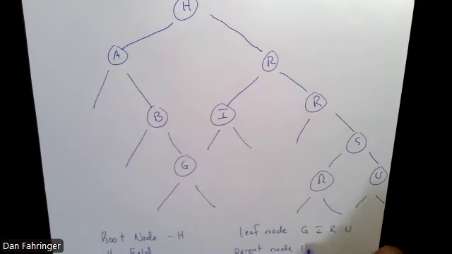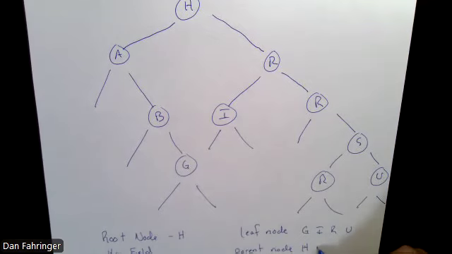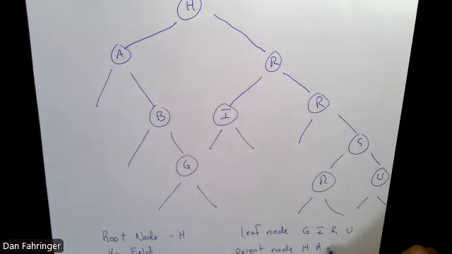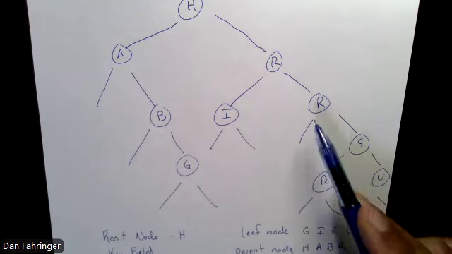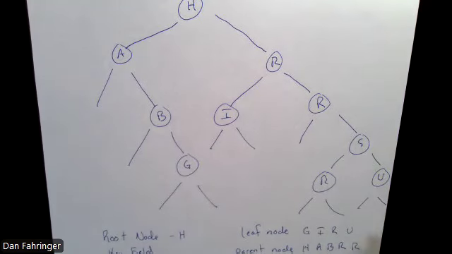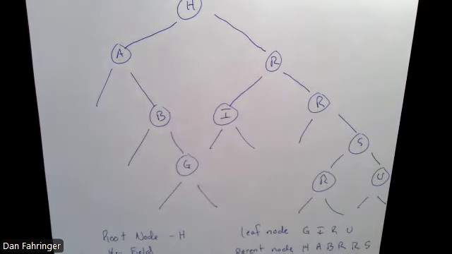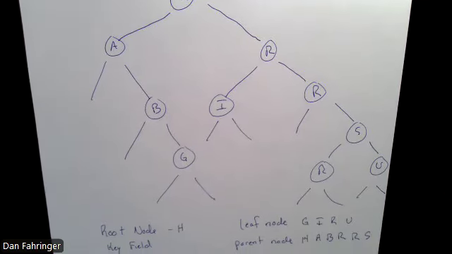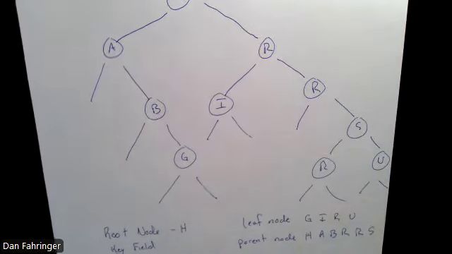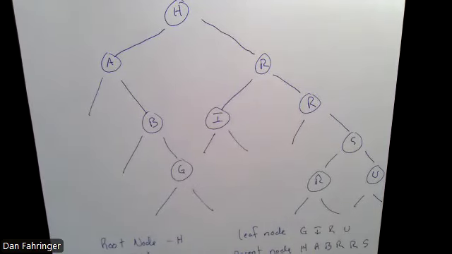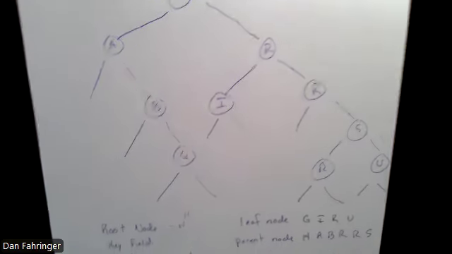H. A has children. B has a child. R has a child. The second R has a child. And so does S. I came up with 6. I must have double counted something. The R's may have messed it up.